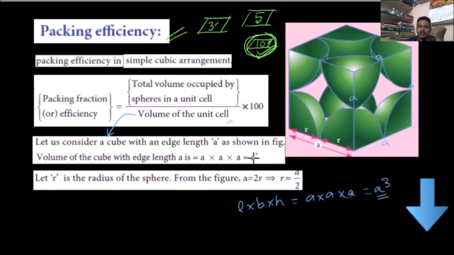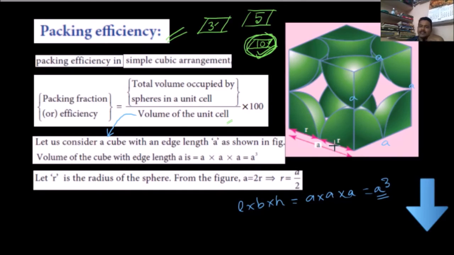That's what we discussed. Let R be the radius of the sphere. From the figure, A is equal to 2R. In the simple cubic system, all the corners are occupied by spheres. Take this corner sphere and this corner sphere. What is the condition in a simple cubic system? These two corner spheres must touch each other, must be in contact with each other.